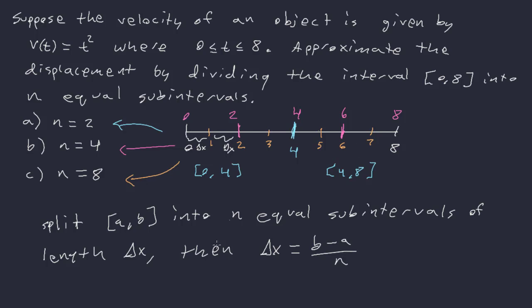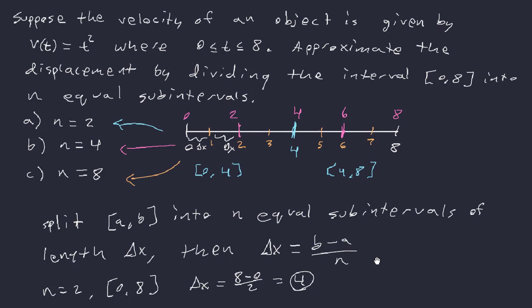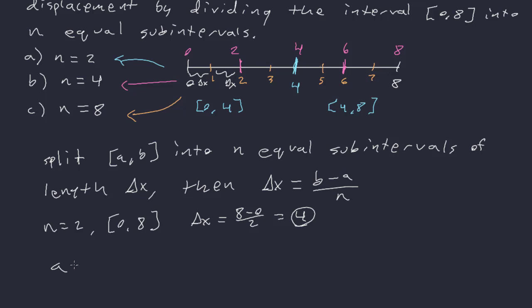So for n equals 2, and our interval is 0 to 8, delta x is going to equal 8 minus 0 all over 2, which will end up being 4. So the length of each subinterval in our first case for part A is 4. That means we'll be looking at 0 to 4 and 4 to 8. So our delta x in this case is 4.